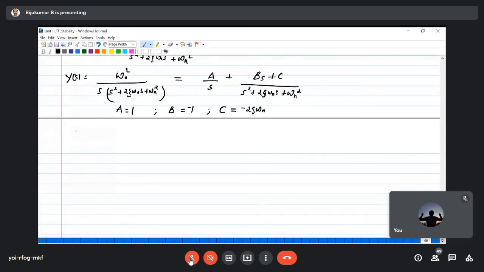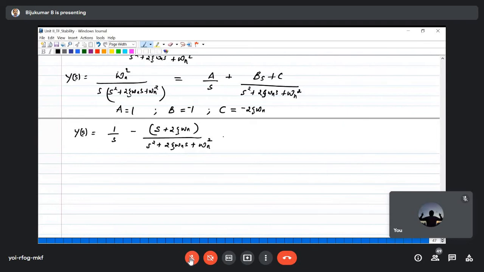So we can write Y of s is equal to 1 by s minus, I can take it out, so minus, s plus 2 zeta omega n divided by s square plus 2 zeta omega n s plus omega n square, right?